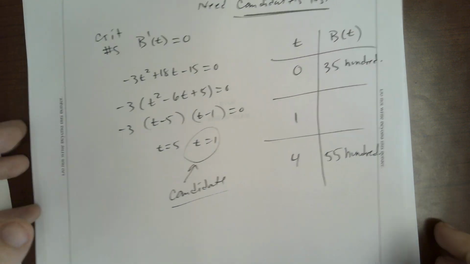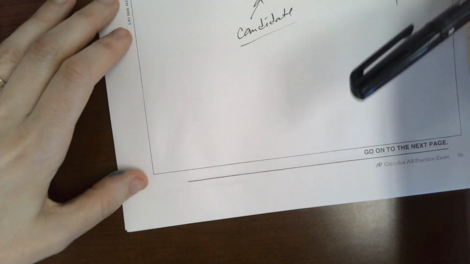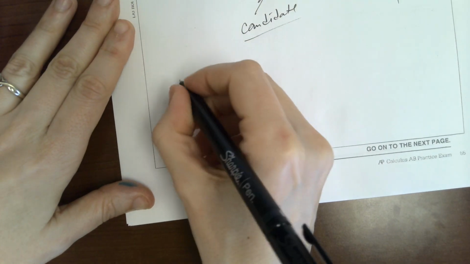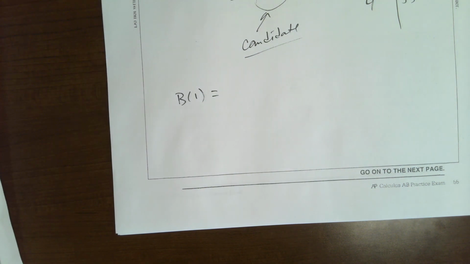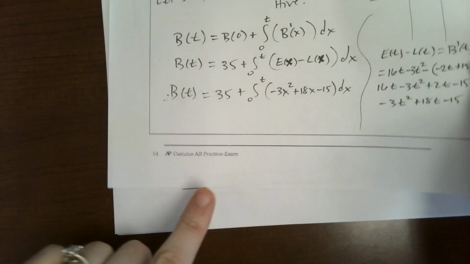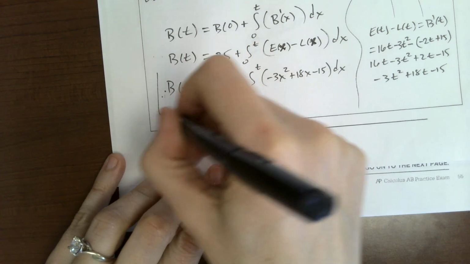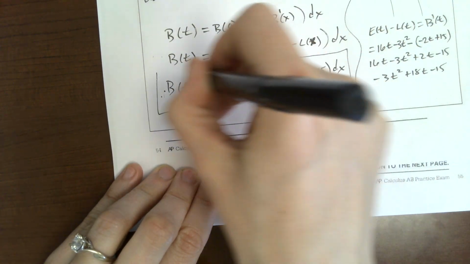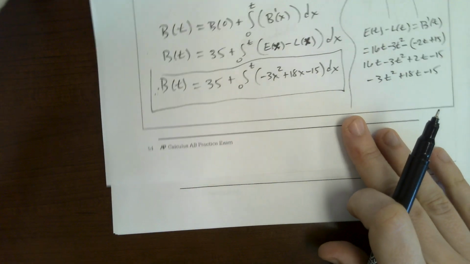And then for B of 1, I'm going to have to use my accumulation function. So for B of 1, I'm plugging into this function that I wrote there.